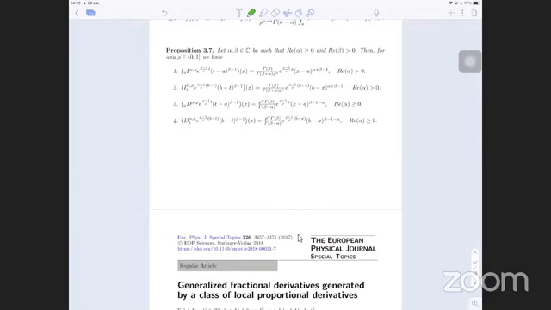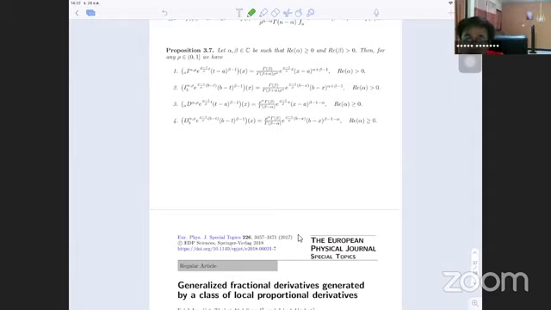Professor Jared and I tried to define the generalized proportional derivative generated by, in the capital sense, with respect to another function.